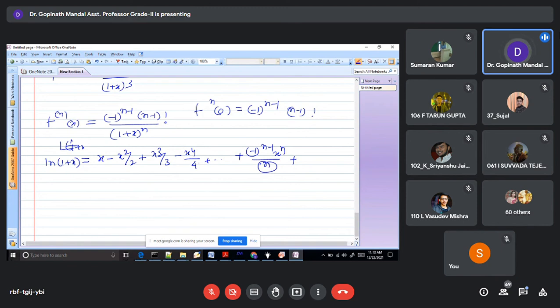All factorials will cancel. Now we get the remainder term. The remainder term will be minus 1 to the power n times factorial x to the power n plus 1 over (1 plus c) to the power n plus 1. This is the remainder term. In that case we got the remainder term.